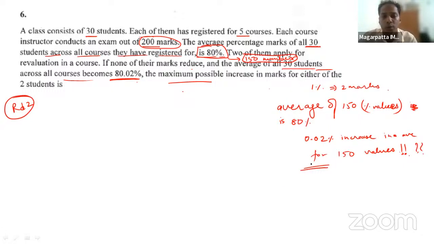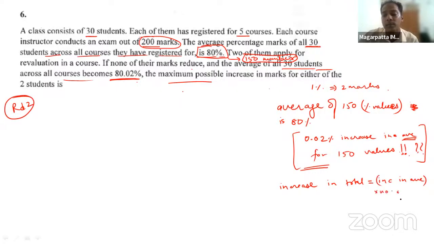If this is understood, can I logically say that since the increase in average is this much, the increase in total would be how much? Increase in total is nothing but increase in average into the number of values.